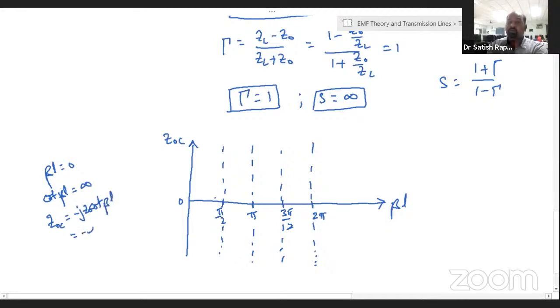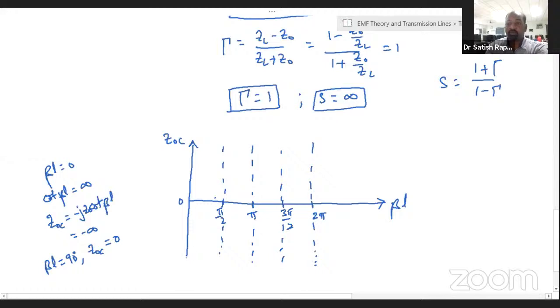So therefore, minus infinite, right? When beta L is equal to 0, ZOC is minus infinite, and when beta L is equal to 90 degrees, ZOC is equal to 0.